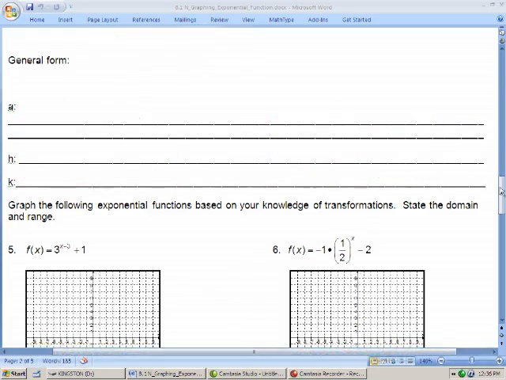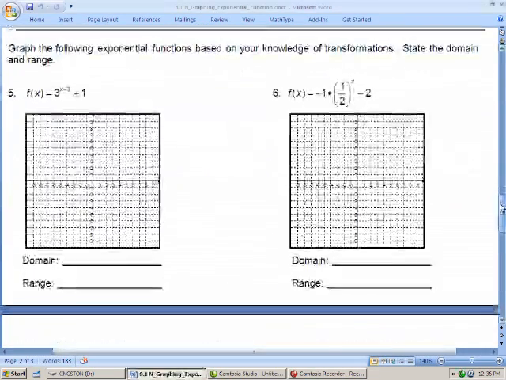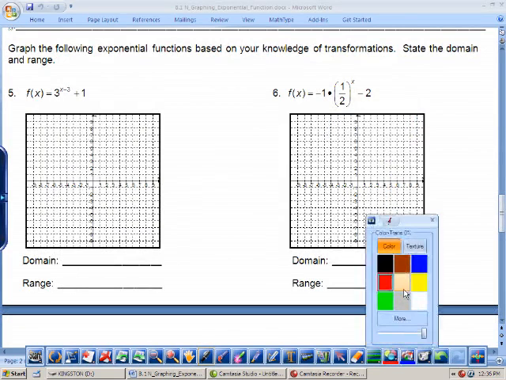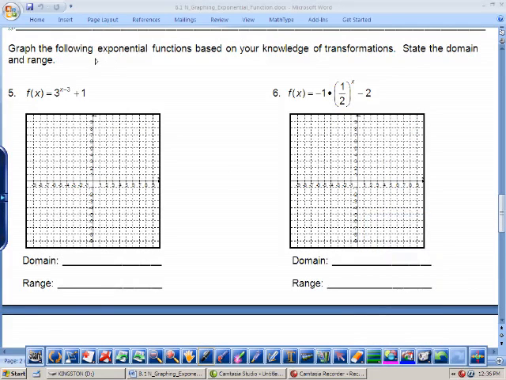All right, let's graph a little bit. F of x equals 3 to the x minus 3 power plus 1. What is the parent function here? 3 to the power of x.